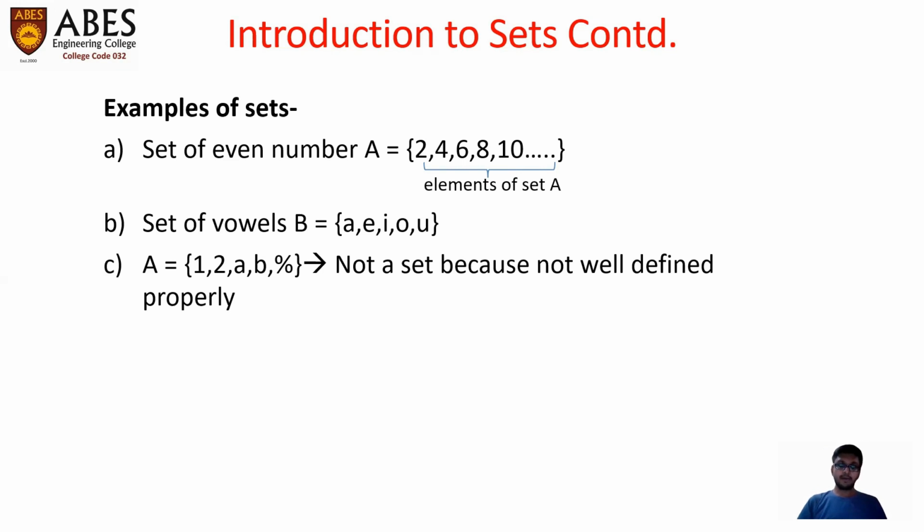So we can't properly ensure which category set A belongs to, and we cannot identify the property of set A properly. So it is not well defined. For a set, it should be well defined, an ordered collection of distinct elements.